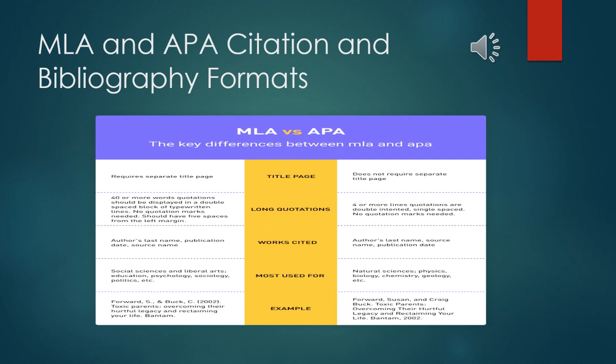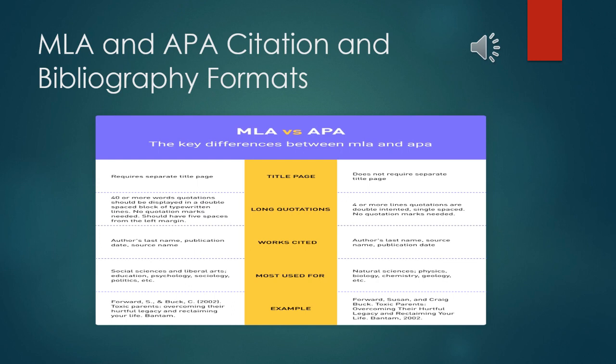Okay, so we need to talk about the different kinds of formatting that we use in the research paper. And there are two basic style formats. One is called MLA and the other is called APA. And we're going to be using MLA.